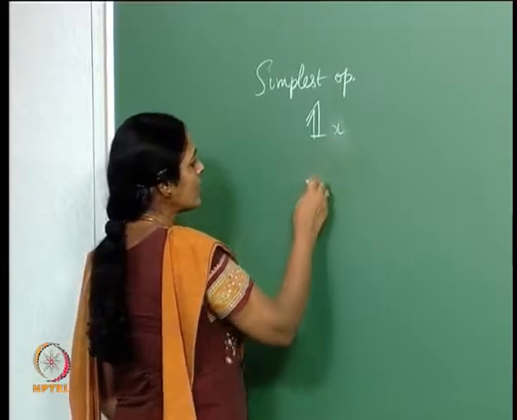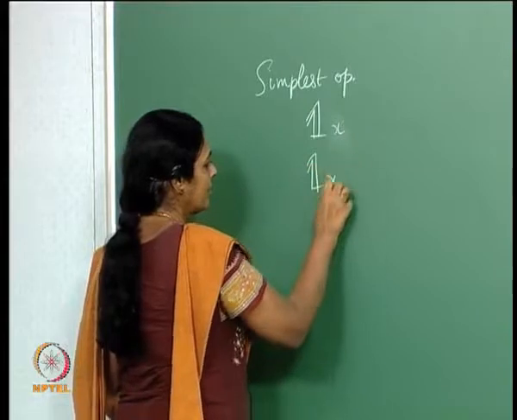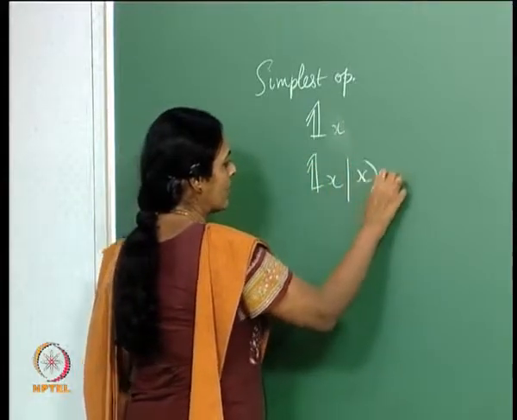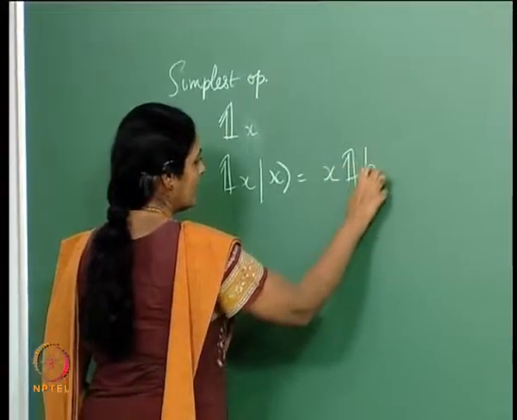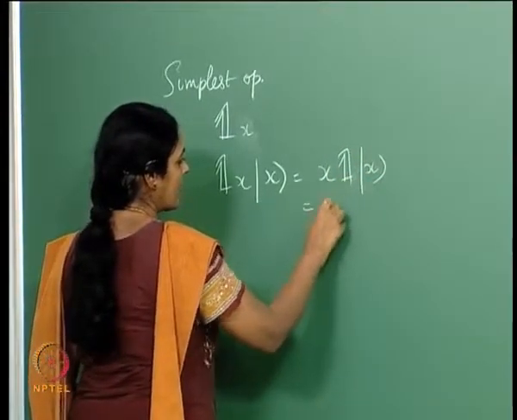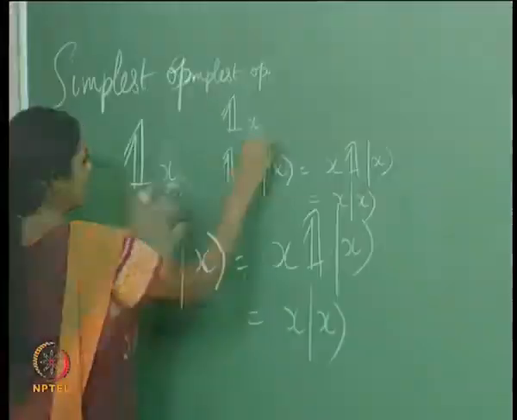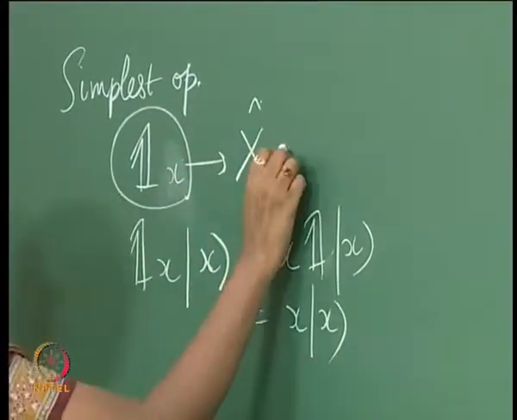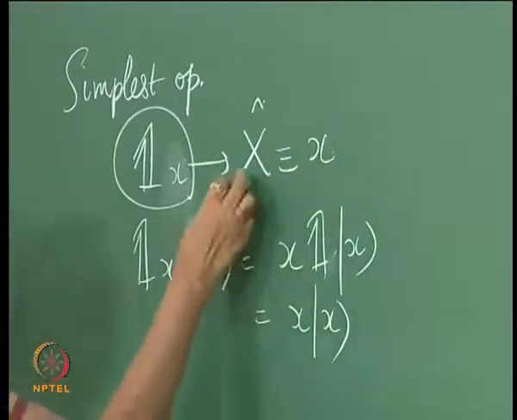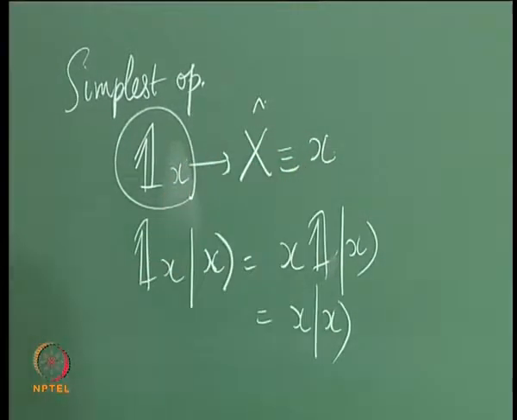And what does it do? Because it is the identity operator, when it acts on the basis set x, it simply pulls out the number x, and that is the same as x. So, this object is my position operator. I would simply say that the position operator is represented by x.